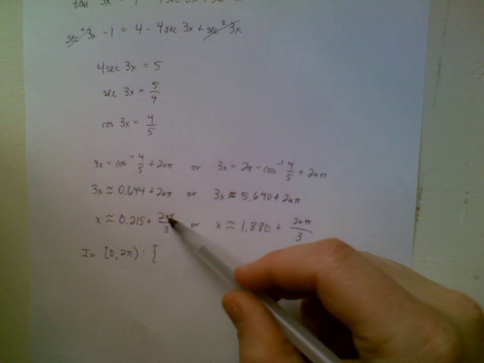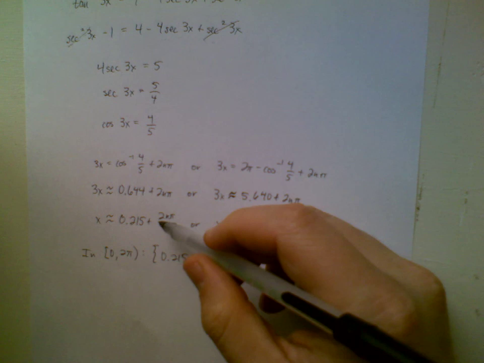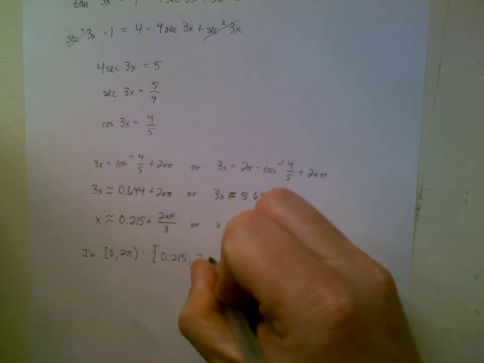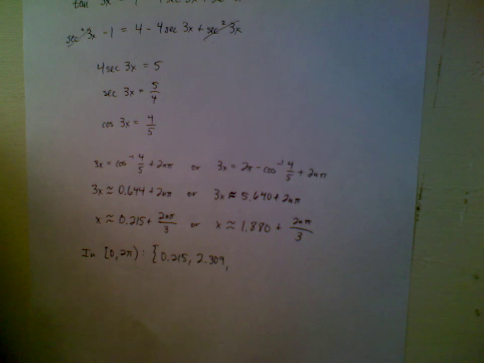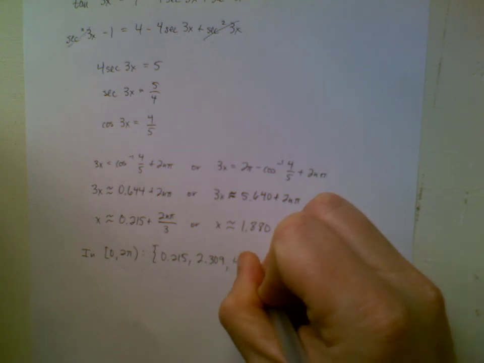But let's see. If I plug in 0 here, I'm going to get 0.215. If I plug in 1, I have 0.215 plus 2 pi over 3. That's about 2.309. If I plug in 2, I get about 4.404.